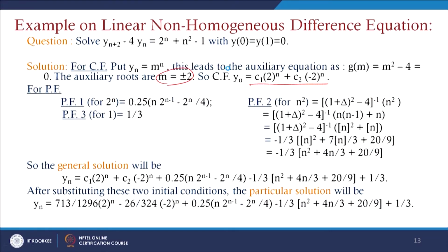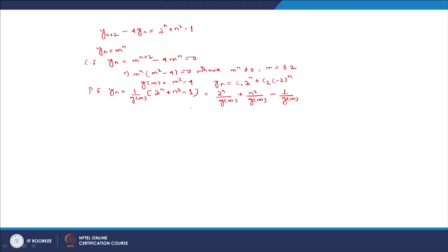So, for the particular function of 2 to the power n, we can write 2 to the power n by g of m, where g of m is nothing but m square minus 4.